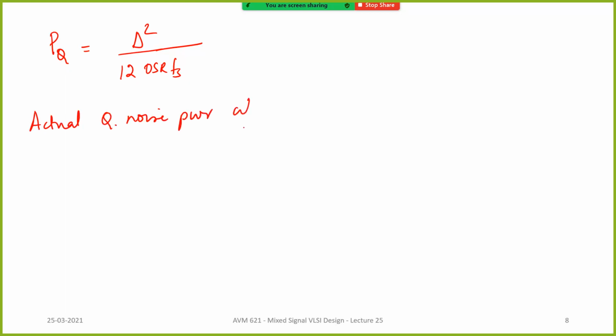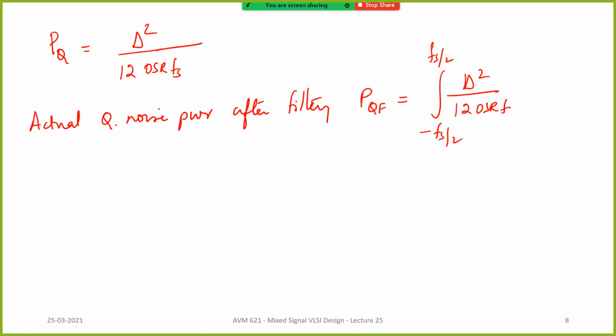It is obvious to see here, because after oversampling, the noise power spectral density is now del squared by 12 OSR times Fs. And now the actual quantization noise power after filtering, let me call it PQ filtered, is going to be the integral from minus Fs by 2 to plus Fs by 2 of del squared by 12 OSR Fs df.